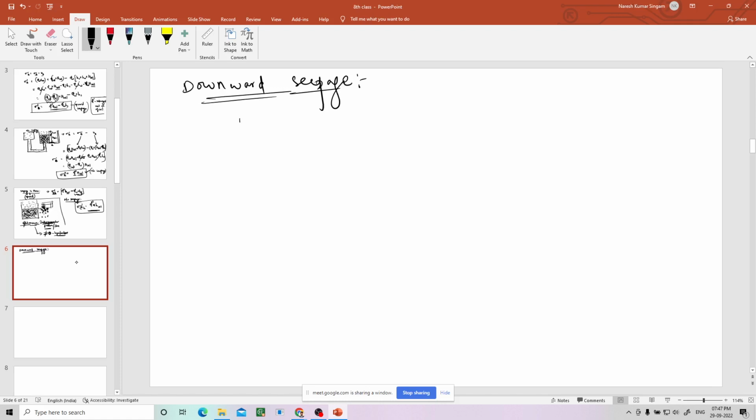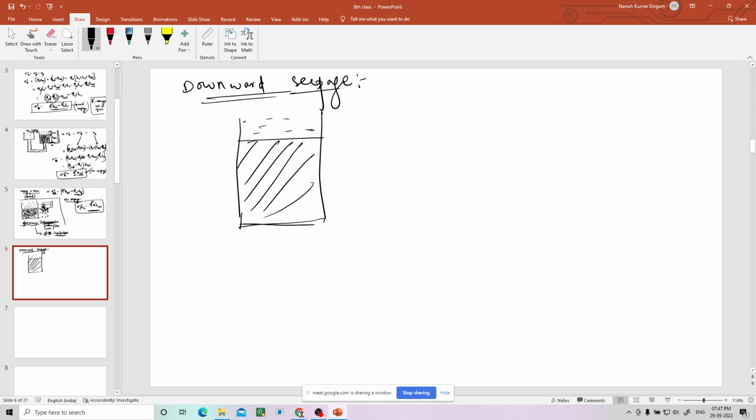I'll take a container of soil, I'll put water here, and there is a soil here. Then I'll put this soil in another container, where there is water again, and whose container height is this much only. Now this is the level of water here.